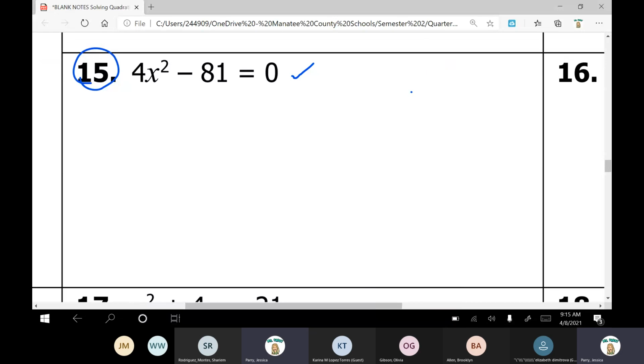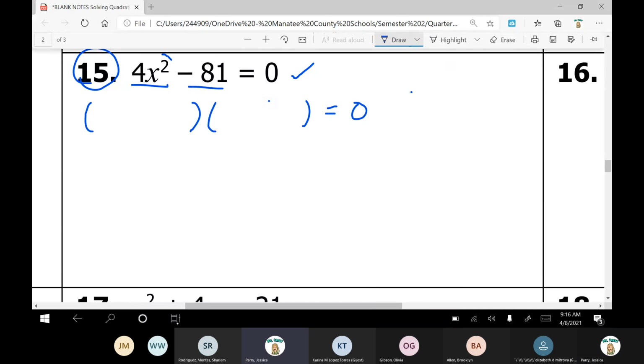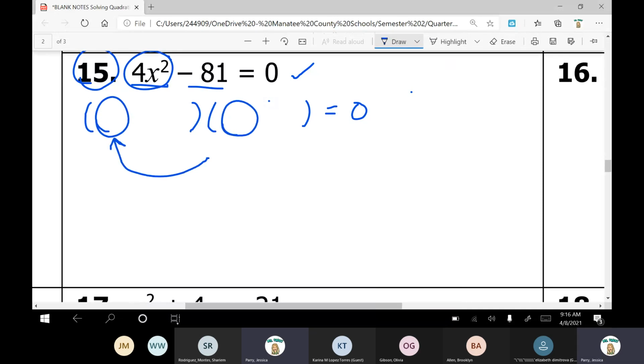For this one, we're going to factor it out kind of like what we've been doing, set it equal to 0. This one is one of our perfect squares. It's kind of like you're finding the square root of the first term and the square root of that second term. So here's our first one. What times what would be the 4x squared? Or you can even break it up and do just the numbers first, then the variable.